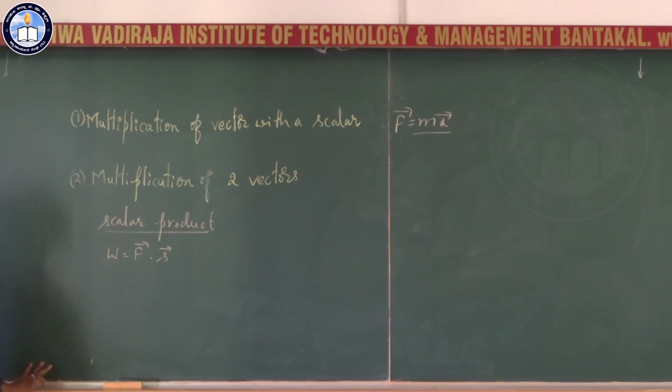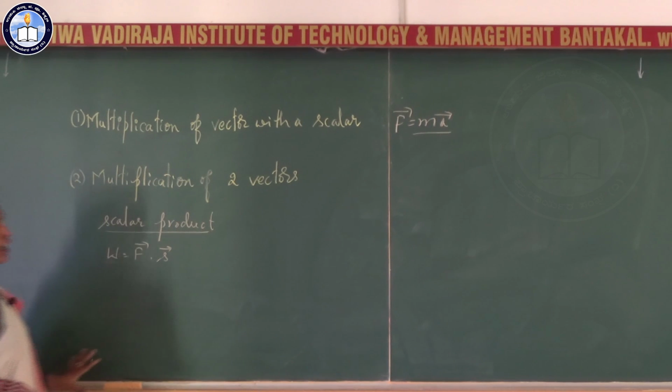Okay. We will move further. Now, there is one more type of multiplication. When you multiply two vectors, you get the answer to be a vector again.